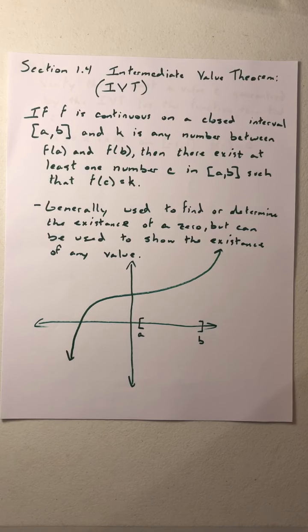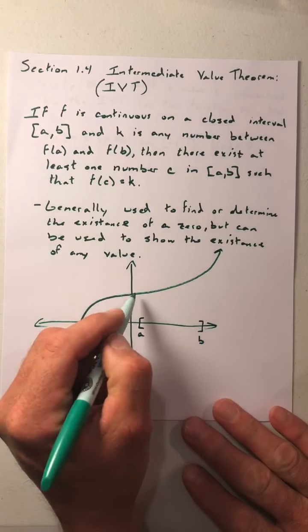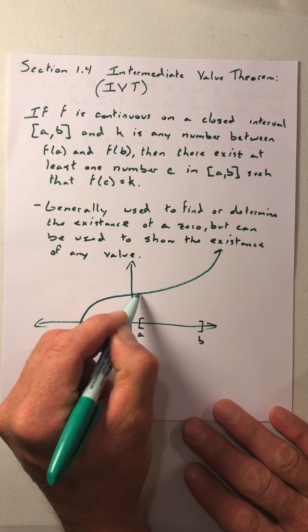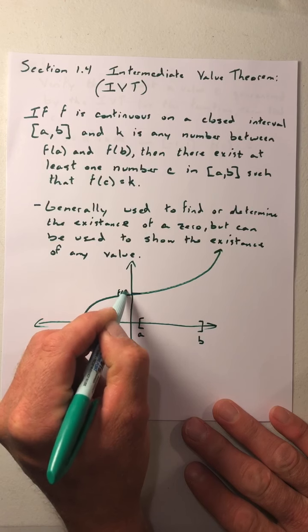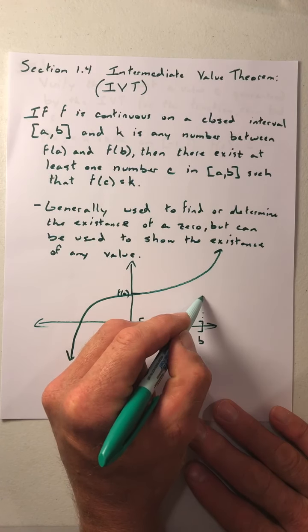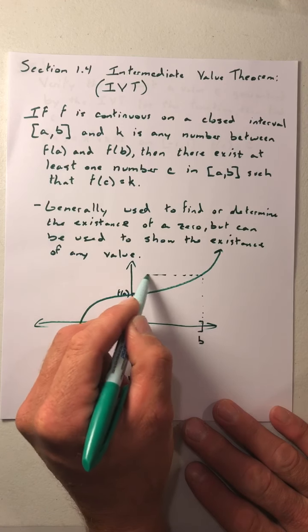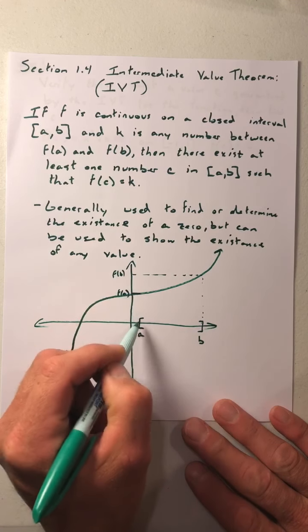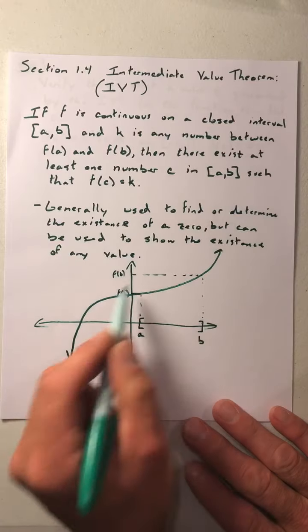Then k is between f of a and f of b. Well, if we come up here, there's f of a. And f of b, if we come up and come over, there's our f of b.